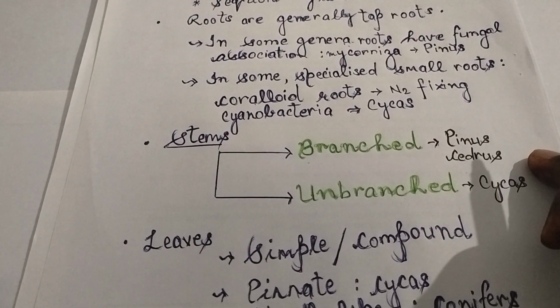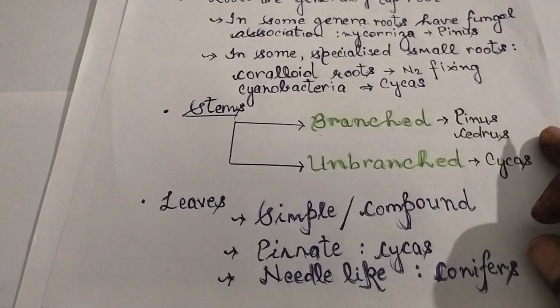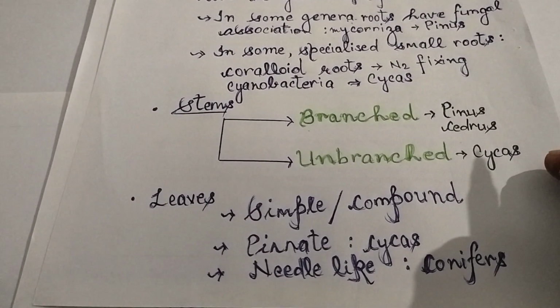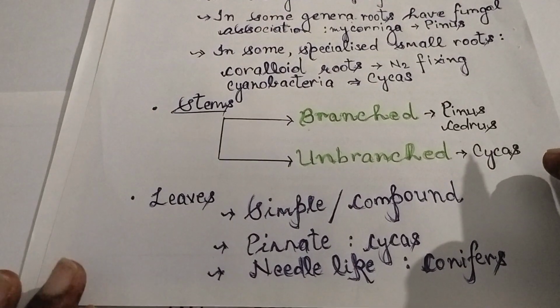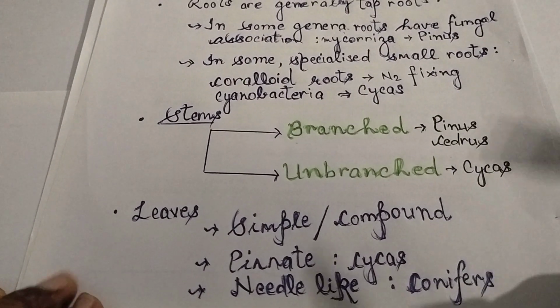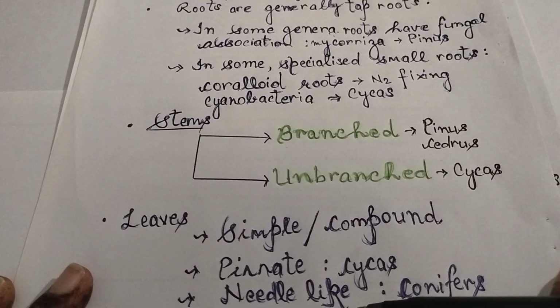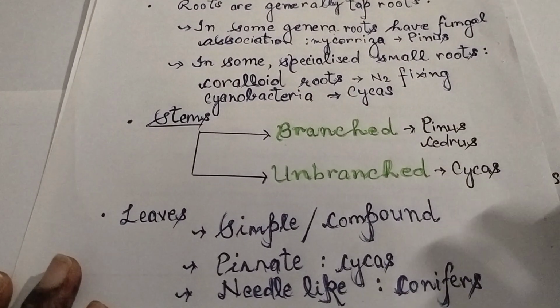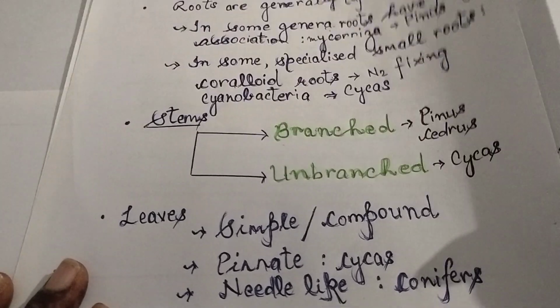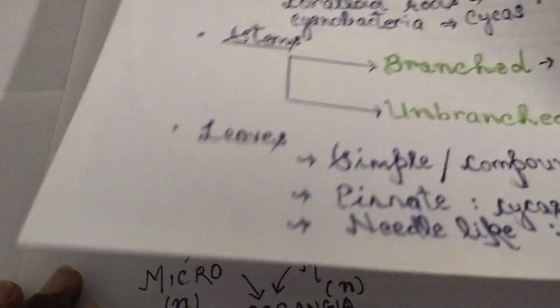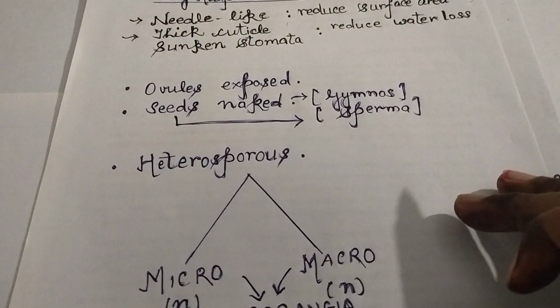So to meet the extreme conditions of nature, temperature, humidity, etc., leaves are well adapted. In conifers, needle-like leaves reduce the surface area, and the leaves have a thick cuticle.